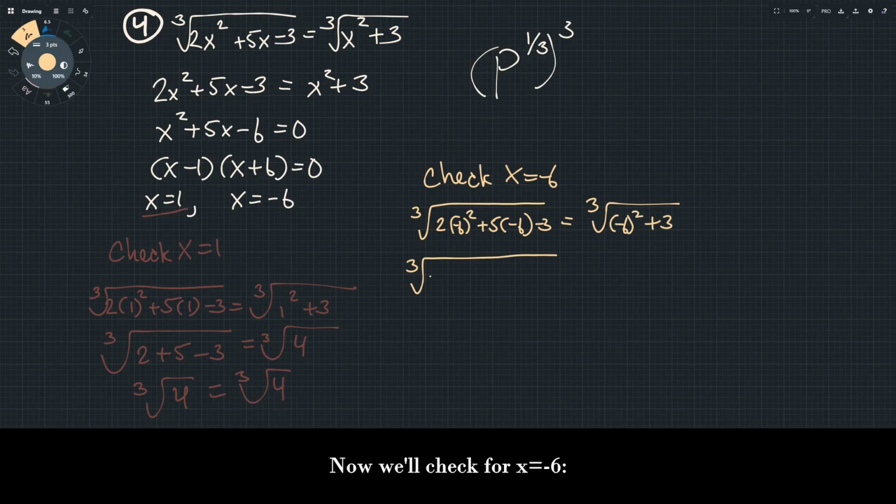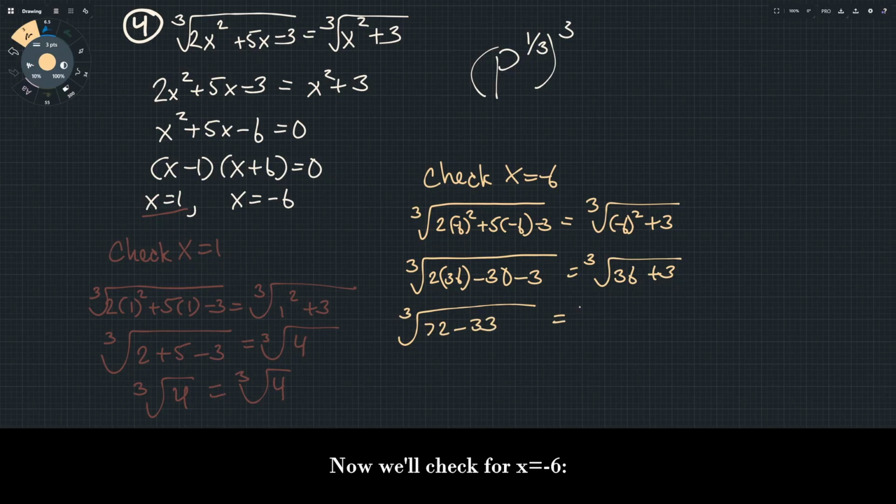Simplifying, we get 2 times 36 minus 30 minus 3 equals the cube root of 36 plus 3. Let's continue simplifying. We get the cube root of 72 minus 33 equals the cube root of 39. One final simplification. 72 minus 33 is 39. So we got the cube root of 39 equals the cube root of 39.